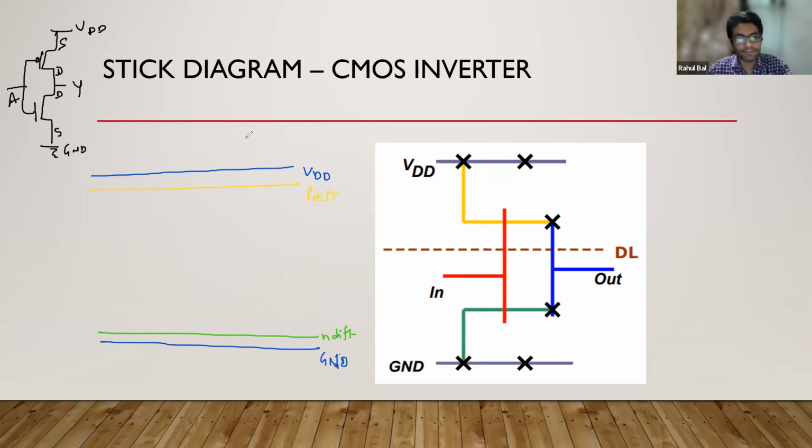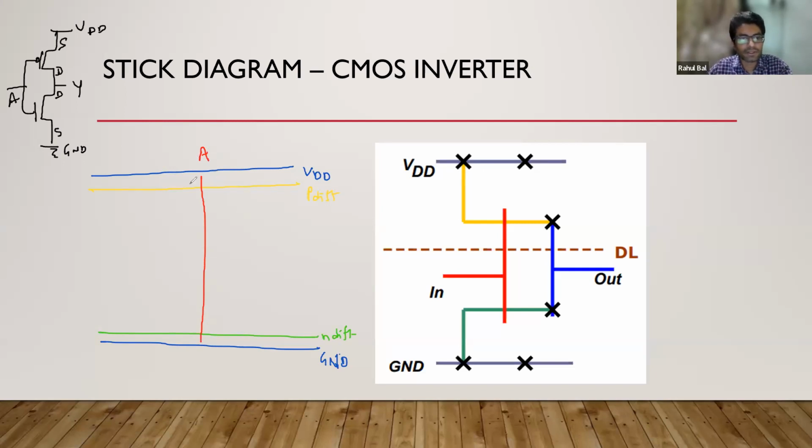Then the polysilicon. As I said, the number of polysilicon, number of red color lines, depends on the number of input variables or number of inputs. So here there is only one input. That's why we'll use only one red color line, which is indicating the input. Now next comes your source and drain.